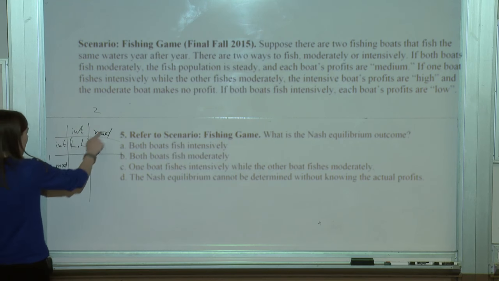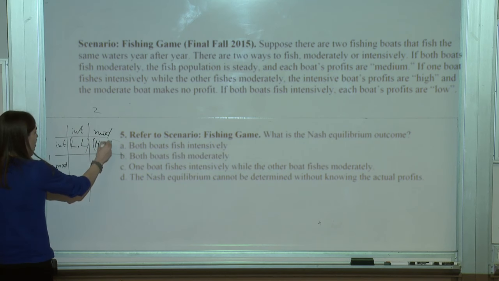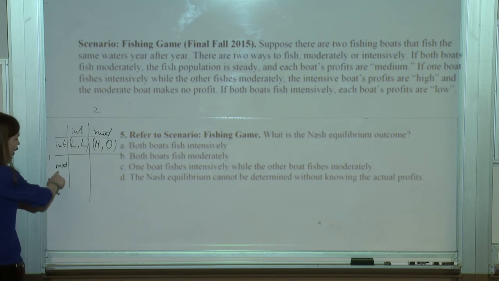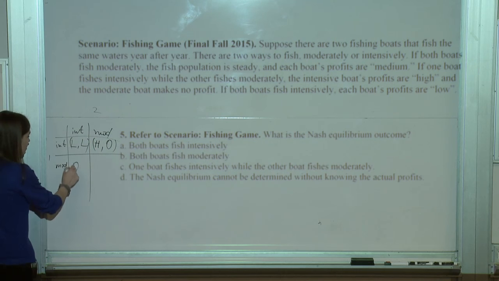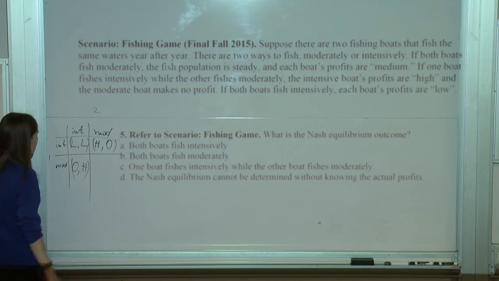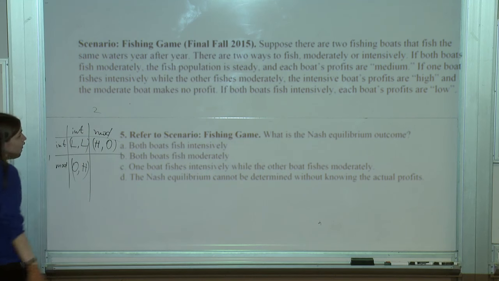So here, intensively, moderately is going to give the intensive one high, and the moderate one 0. And the same here. The one that fishes moderately gets 0. The one that fishes intensively gets high. And finally, if both of them fish moderately, each boat's profits are medium.